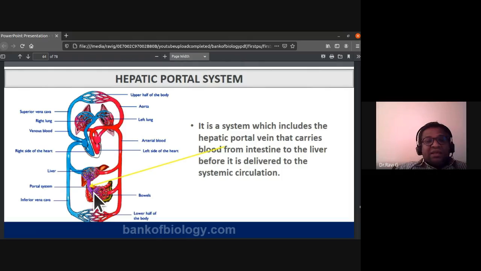The hepatic portal vein carries blood from the intestine to the liver before it is delivered to the systemic circulation.